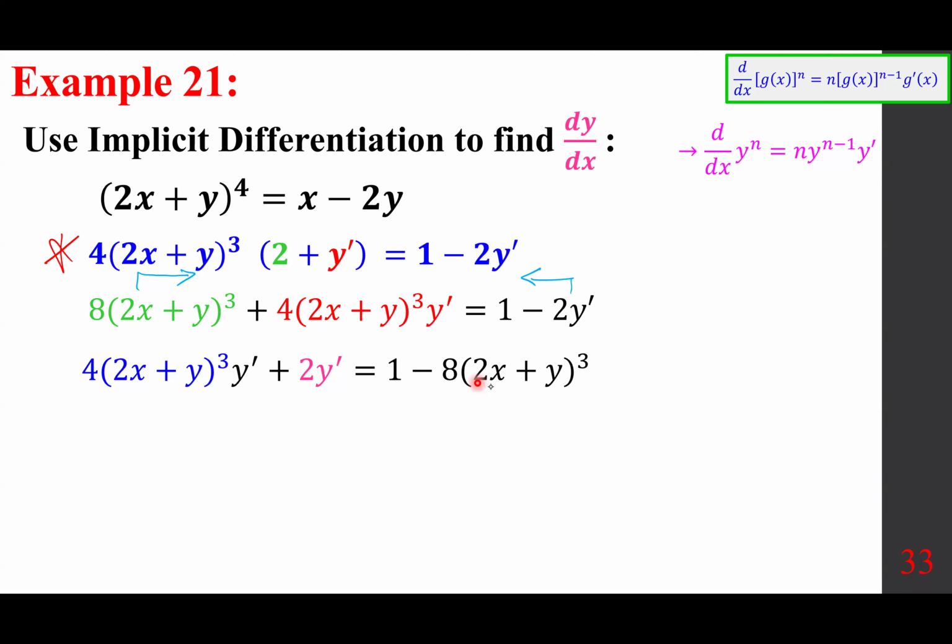We are going to factor the y prime out from the left side. And if we take the y prime out, it gives us the blue part and 2. What about the right side? We don't touch it. We just keep it unchanged.